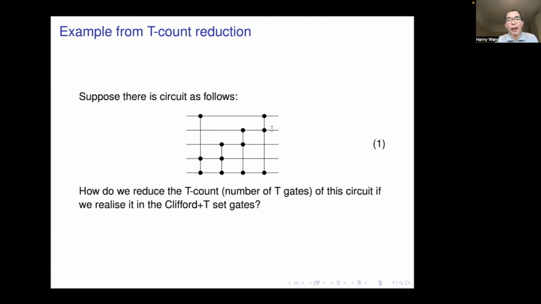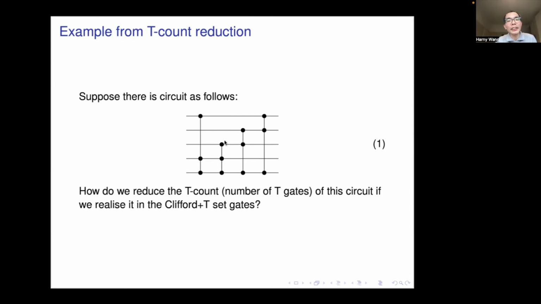That didn't show the power. Let me show the power. So I give an example. Here is a circuit, which is composed of 4 CCZ gates, but they are on different wires.